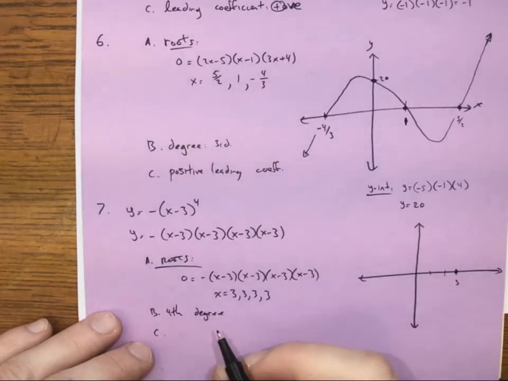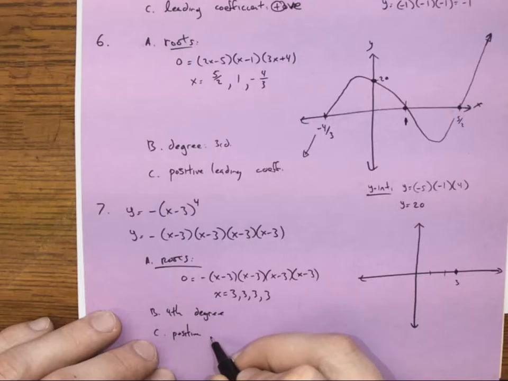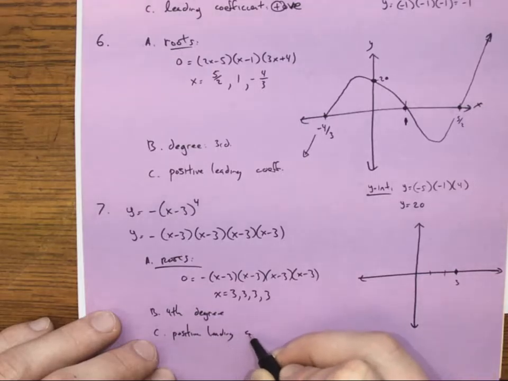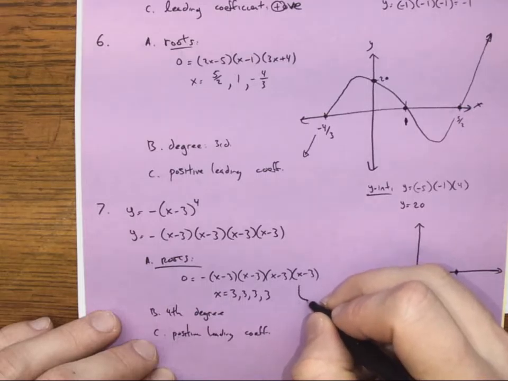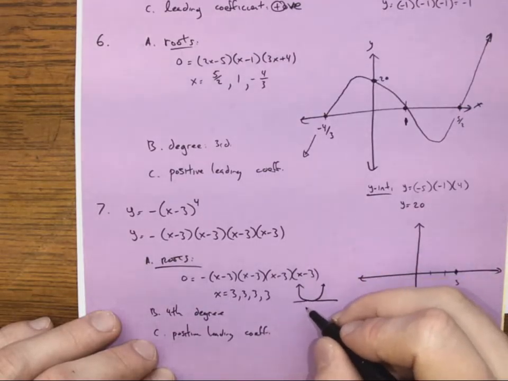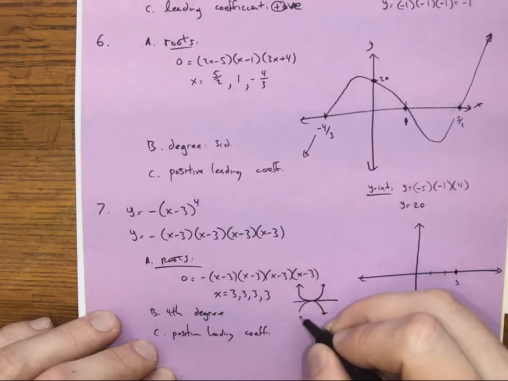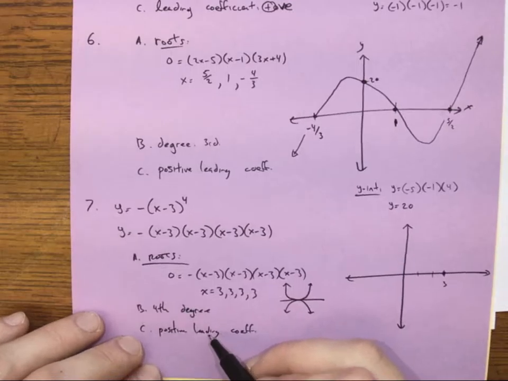And we have a positive leading coefficient. So when you have 4 roots at the same place, you end up with just a slightly wider kiss, in this way or in this way.